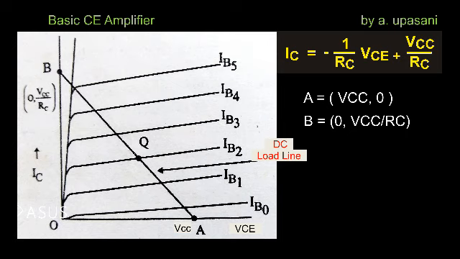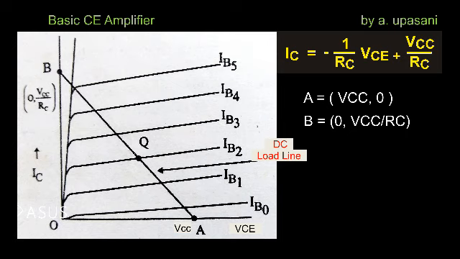Now in the graph you can see the plot is drawn for various base currents. Let the current be IB0, the least current applied at the base, so it will be plotted by a line IB0. If the base current is increased, there will be another line. Let us represent them by IB1, IB2, IB3, IB4 and so on.